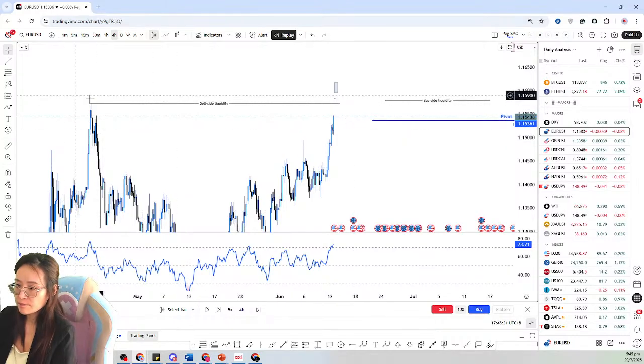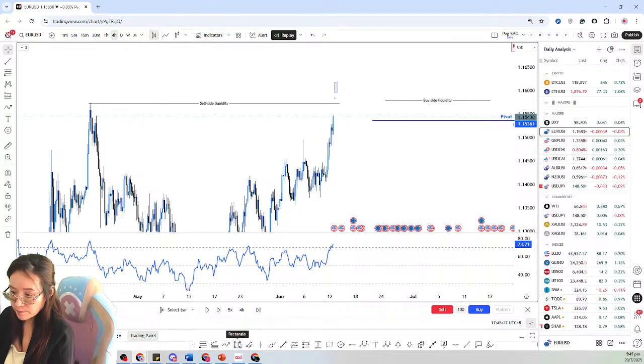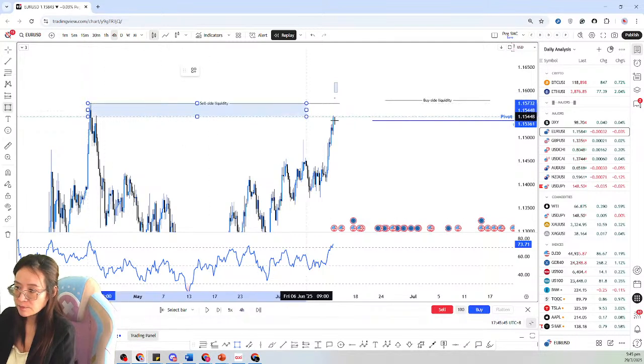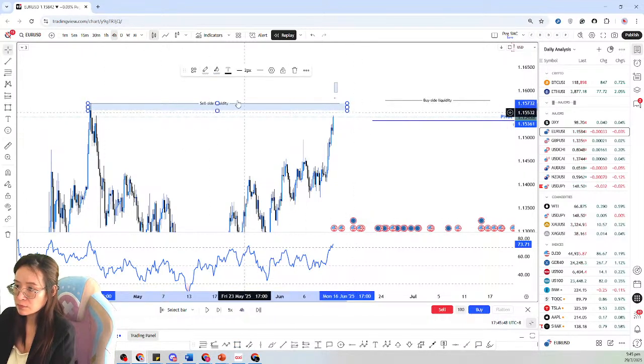Let's say we're gonna sell at the swing high resistance level. For a traditional trader, you sell the resistance and we buy at the support. Okay, let's say we're going to sell at this swing high resistance level, right?